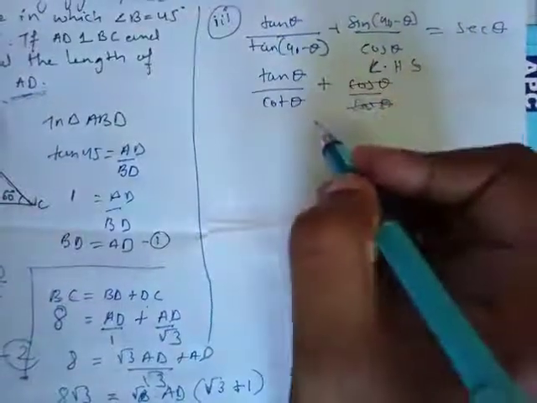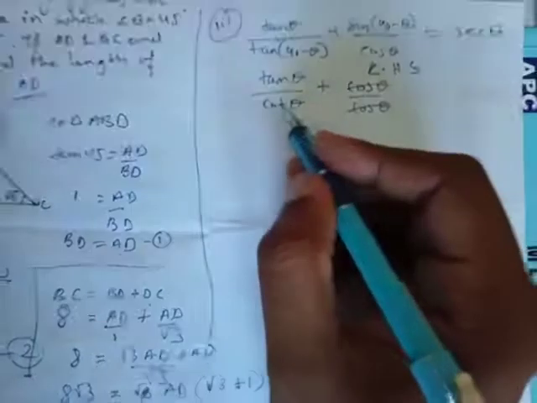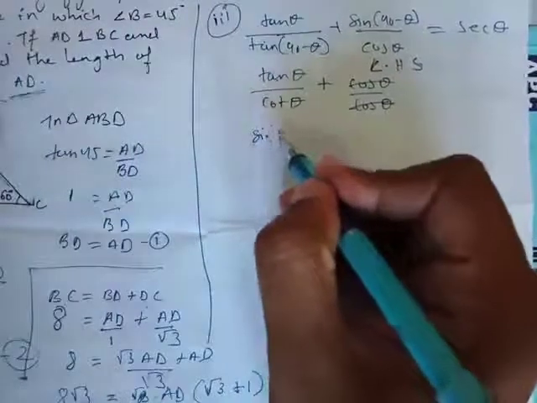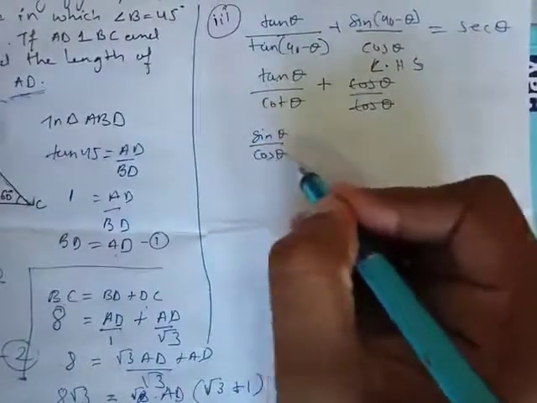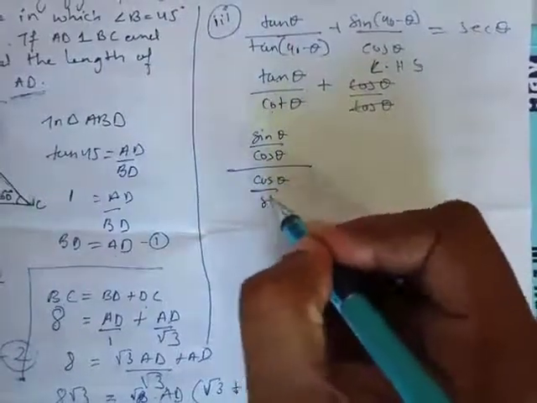Okay, after this what can I do over here is tan and cot I can change into: tan क्या होता है sin theta over cos theta, right? Okay, और cot क्या होता है cos theta over sin theta.